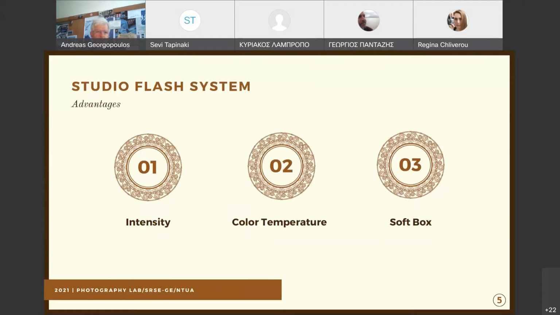So immediately and in full agreement, we decided to use a studio flash system. And that's because this is the ultimate source of light in matters of intensity and accuracy of color temperature.